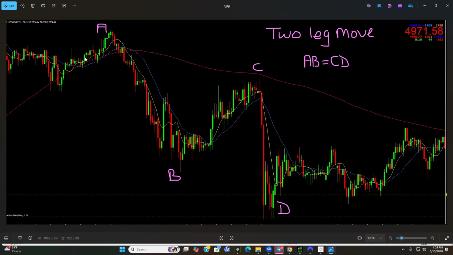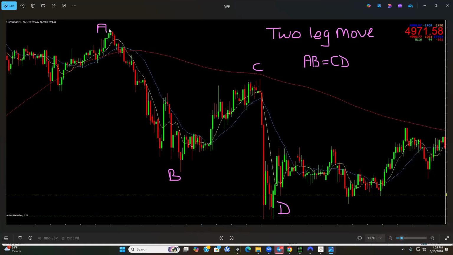When you have the MPP, which is obviously the 20 and 200 cross, and it pulls back while still being in the trend. You see, if it had pulled back and went above the 200, maybe you think it's not going to be a two-leg move.